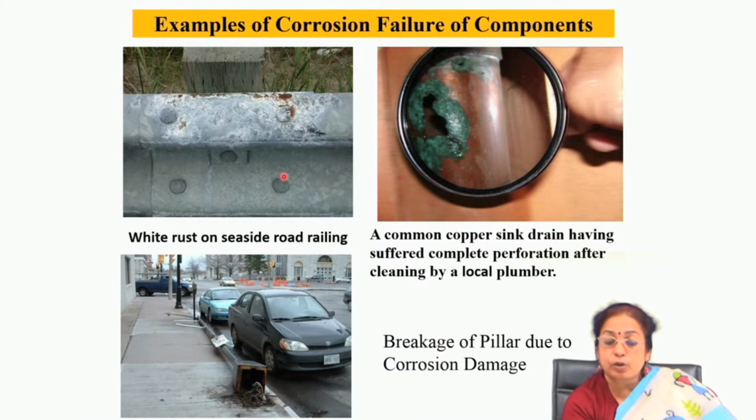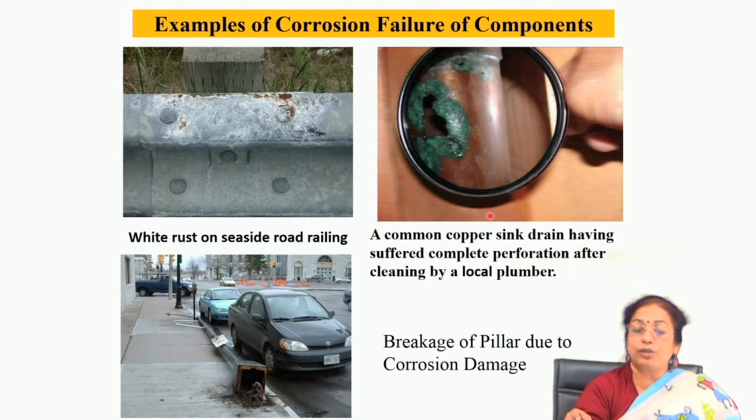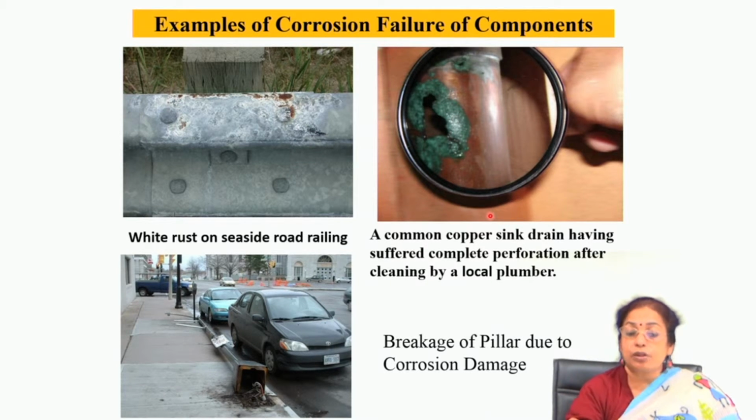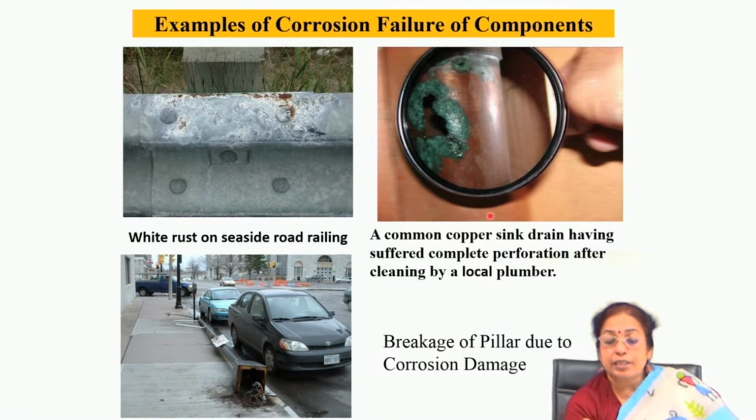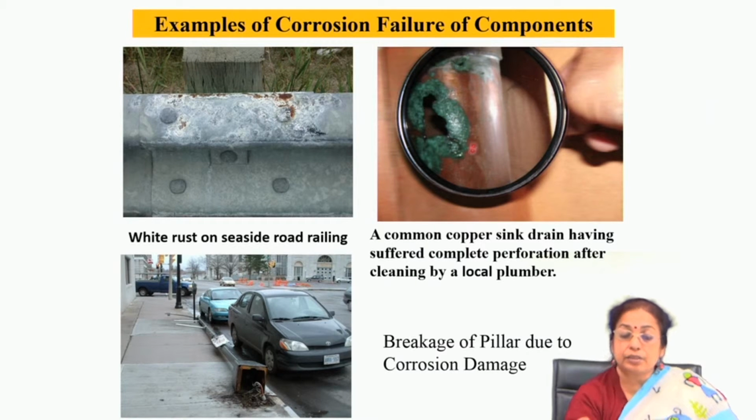Similarly, this is the case for copper, where a copper zinc drain suffered complete perforation after cleaning by a local plumber. They use all kinds of solutions like sulfuric acid solutions for cleaning purposes, and then due to the reaction with the environment, there is sulphate formation, and then you will find that there is corrosion on the structure.